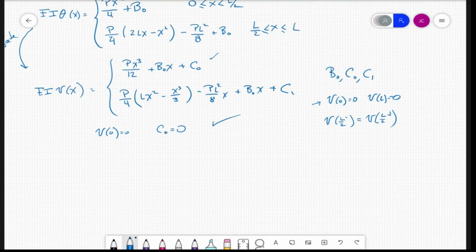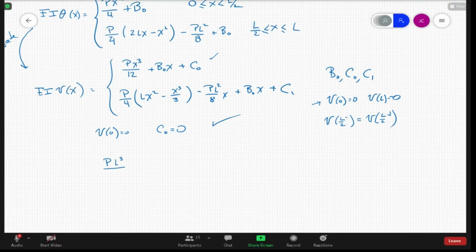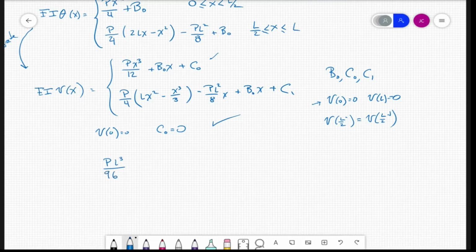So now I've got P L cubed over 2, that's an 8. 8 times 12 is 96, right? 96 plus B0 L on 2, C0 equals 0. So that has to equal the right half of the beam. So I get P on 4, L on 2, that's L squared on 4.